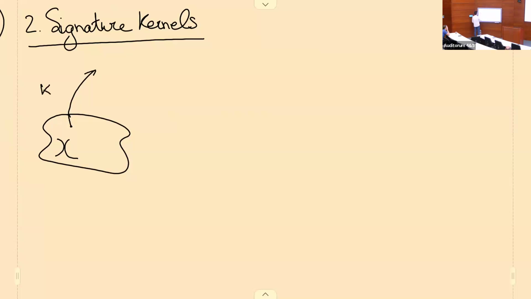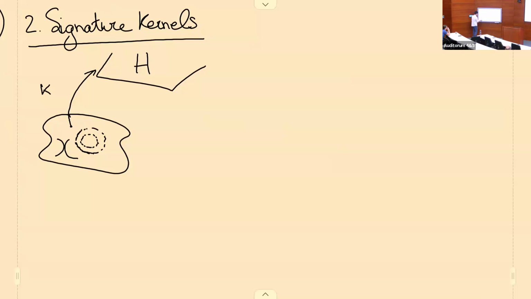A kernel K lifts your points into a Hilbert space H, which is often infinite dimensional, but in such a way that, for example, the example that Jack gave yesterday, if you have some points that can be separated by a nonlinear relationship.